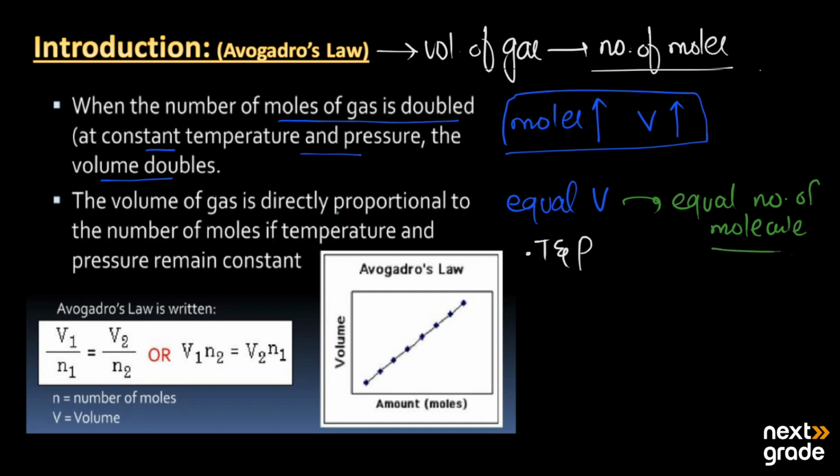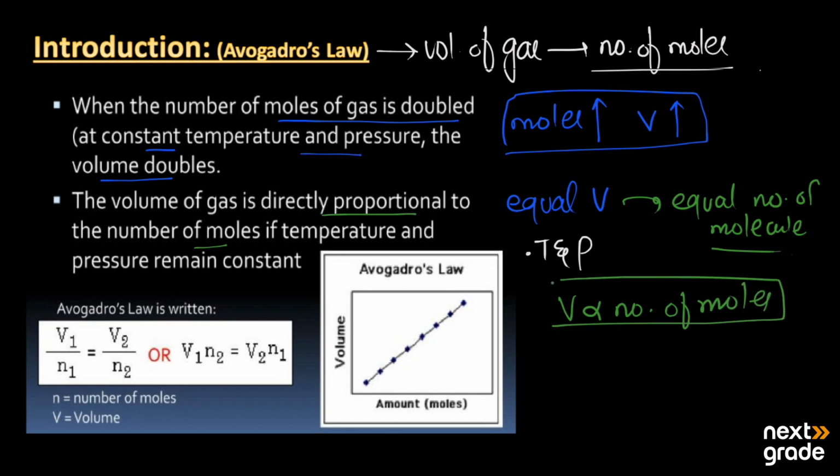So the volume of the gas is basically directly proportional to the number of moles. Here we gain the relationship between volume and number of moles, but the condition is that we have to keep the temperature and pressure constant. So Avogadro's law can be written as V1 over n1, the number of moles of gas 1, is equal to V2 divided by n2, the number of moles of gas 2.